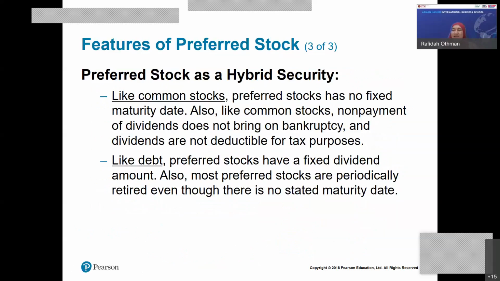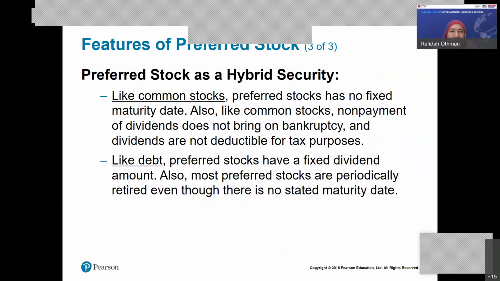Why? Because it is a combination of common stock and debt. So for fixed dividend, the fixed dividend actually follows the bond characteristic. Although they don't have any stated maturity date, the fixed dividend replicates the bond characteristic.